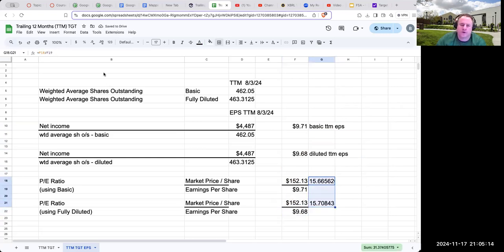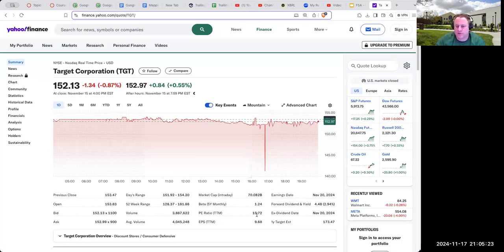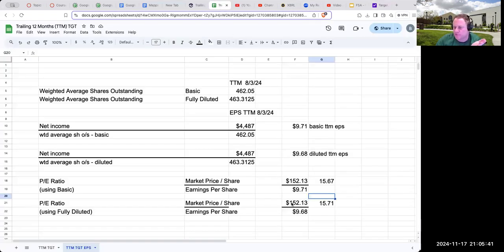now when I look at this in terms of a value, are these correct? You can see over here this is showing 15.72. So they appear to be using a diluted earnings per share, and their price to earnings ratio is 15.72. So we are coming close, right?